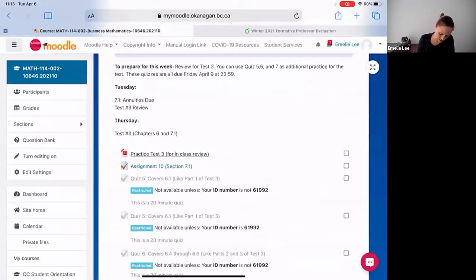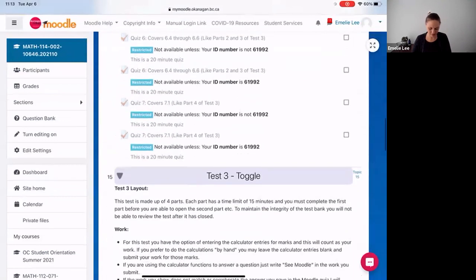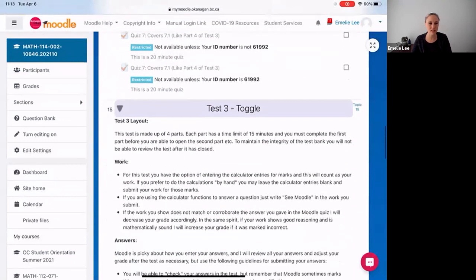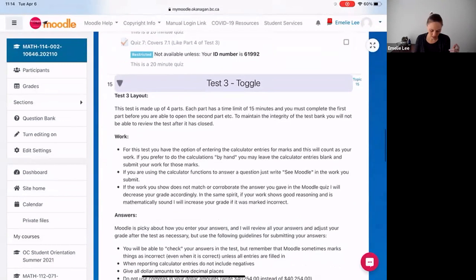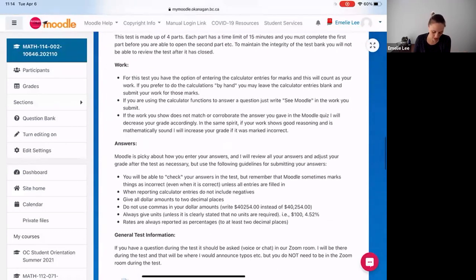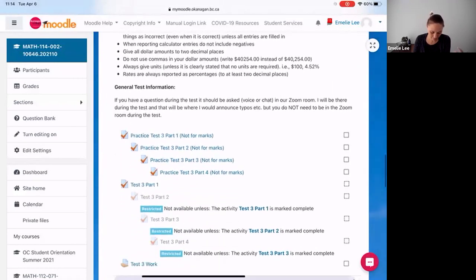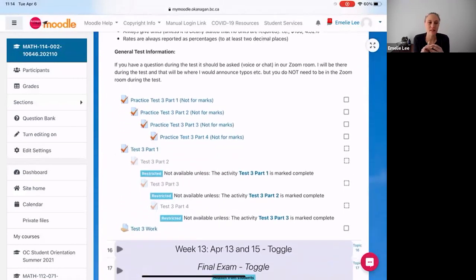Then down below, there's a test 3 section, same thing as the test 2 section. I'm going to revise this work section to match what I just said, where you don't actually need to submit your work. It's only if you need me to mark your handwritten work. That's where I have these practice tests, and it's 4 parts again.